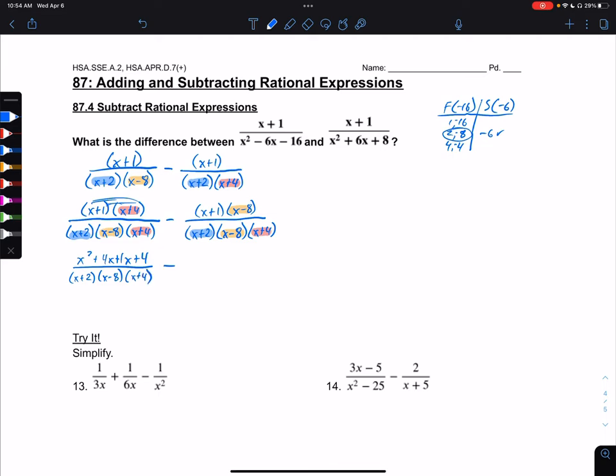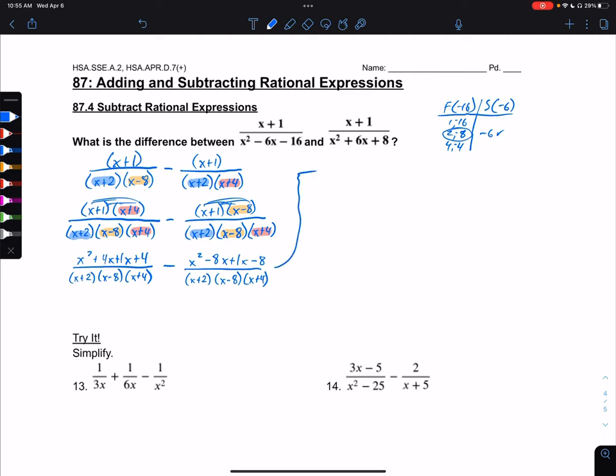And I'm going to do the same thing for the right side. Distribute. I get x squared minus 8x plus 1x minus 8. And again, write our common denominator out.